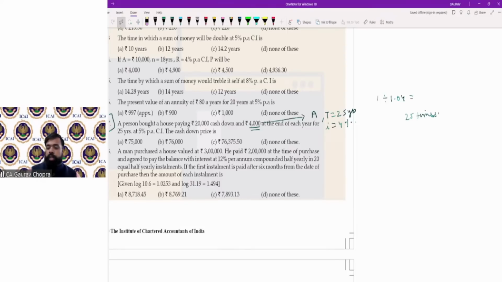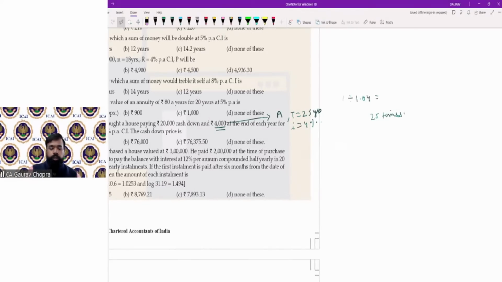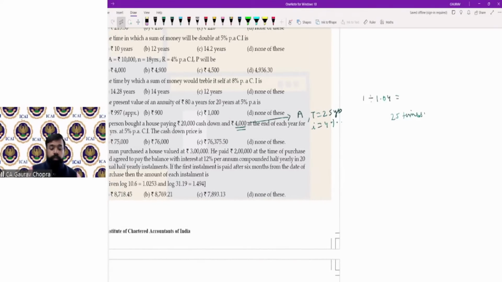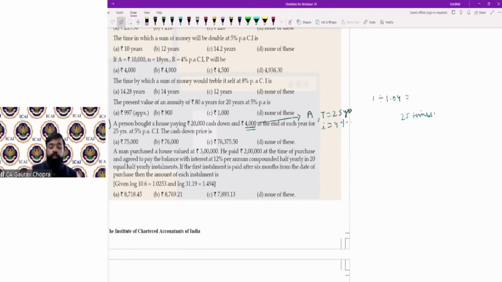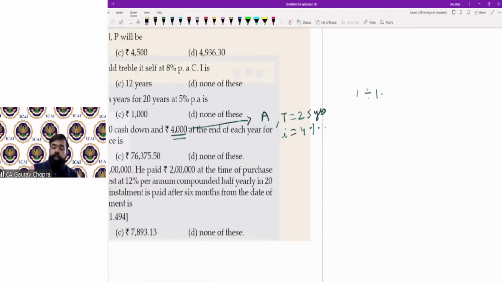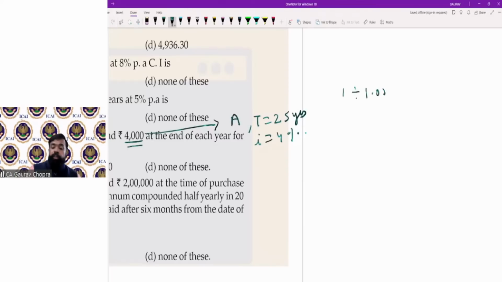So compute it. So after 25 times, oh, the rate is 5%, not 4%. You have taken the wrong figure here. Take 5%. So 1 divided by 1.05.